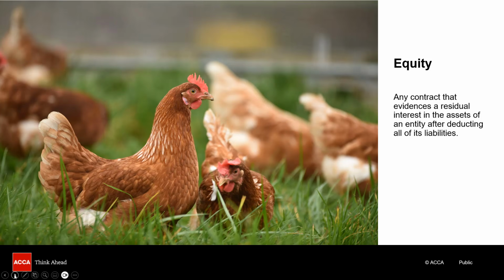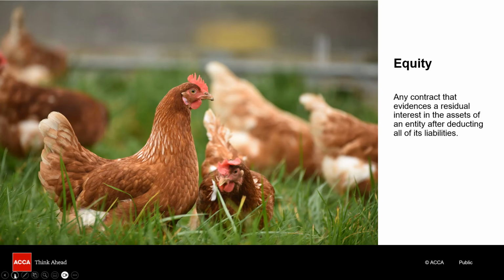Now, the definition of equity, it revolves around the ownership interest. The definition of equity, it revolves around not having an obligation to pay the money back. Strictly speaking, it's a contract that evidences a residual interest in the assets after deducting all of its liabilities.